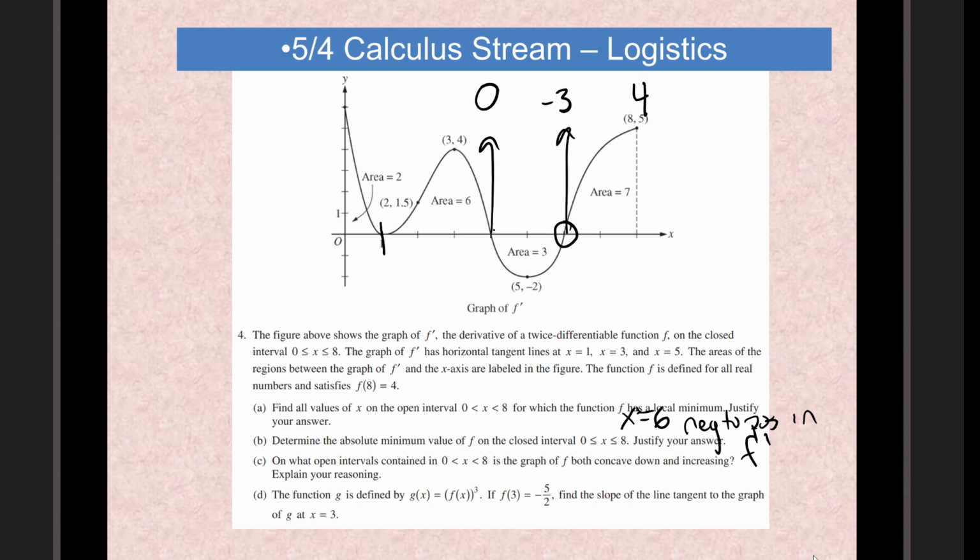Next point where I should test, next 0 basically, or next spot where an area is cut off. I went up 6 and ended up at 0, so I was at negative 6. And last piece, I went up 2 from 0 to 1, so I started at negative 8. Now, from this, I can tell that negative 8's the smallest. So, dope.